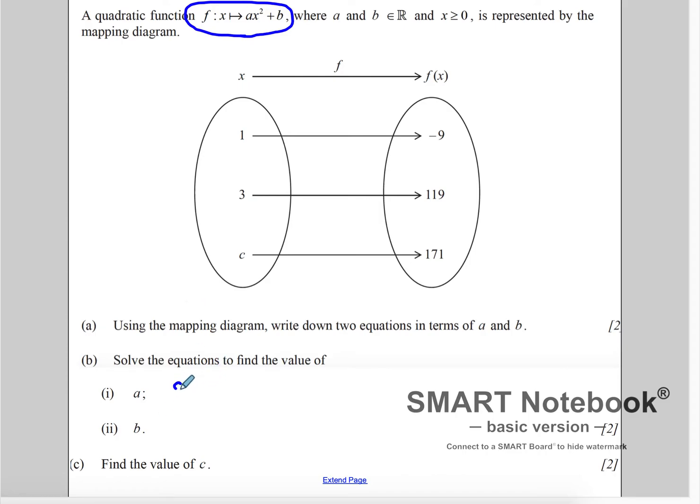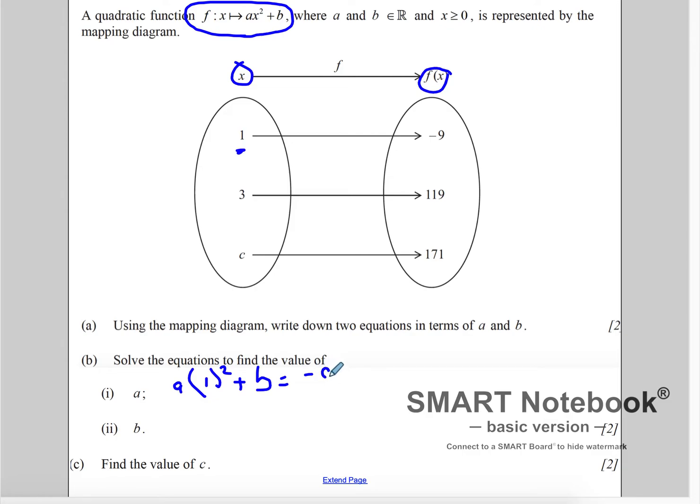I know that a times x squared, where the x I'm going to plug in here is 1 because I'm taking the x from over here. These are my x values, squared, plus b is equal to -9 because this is my f of x, and I know ax squared plus b is equal to f of x.